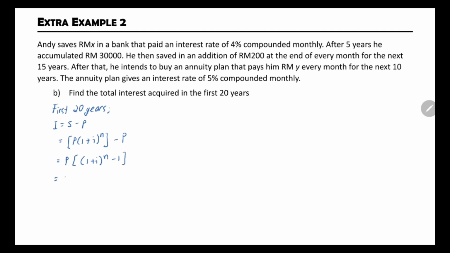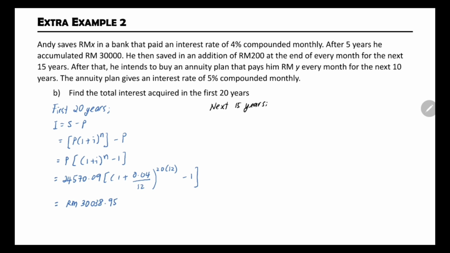P is the value of X, 24,570.09. 1 plus interest is 0.04 over 12 for 20 years, M is 12, minus 1. So the first interest is RM 30,038.95.